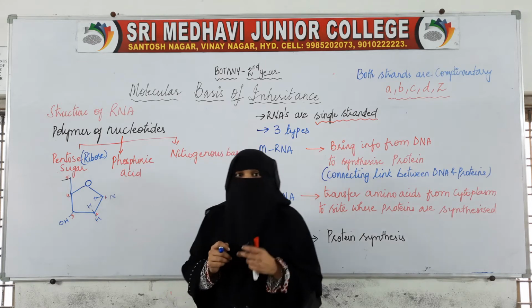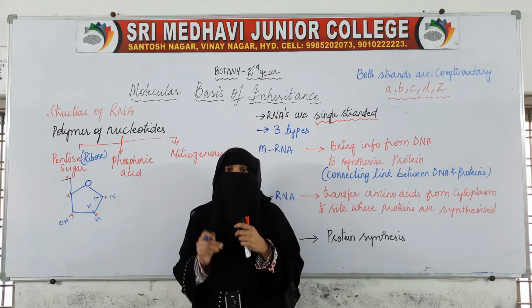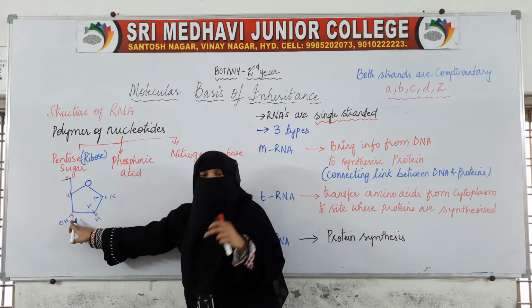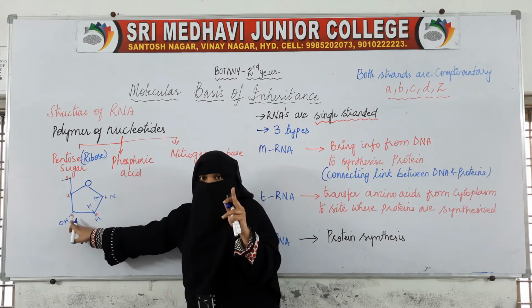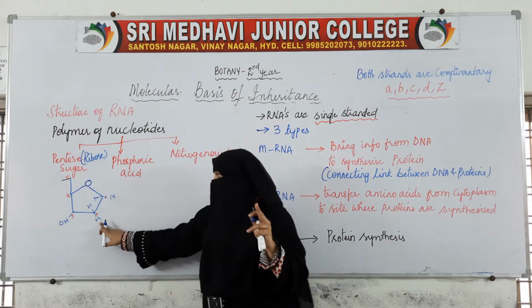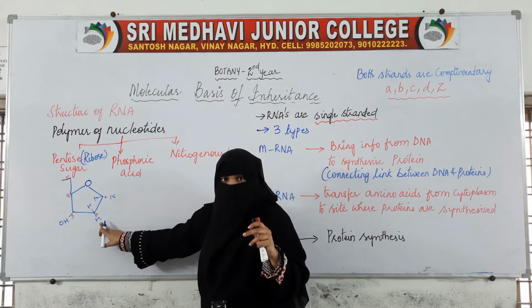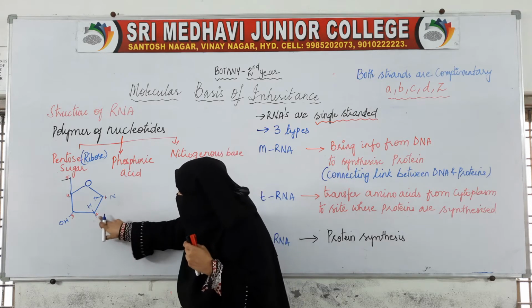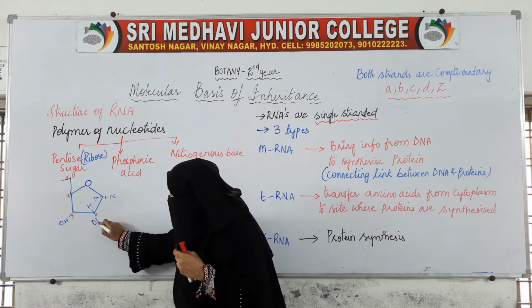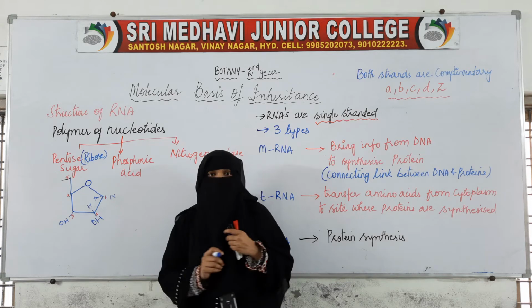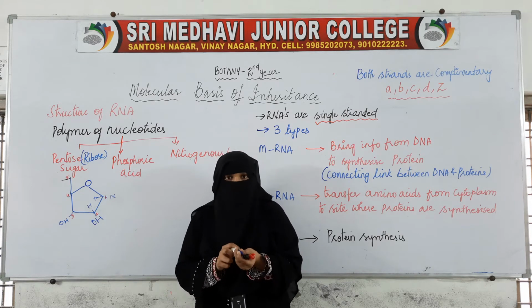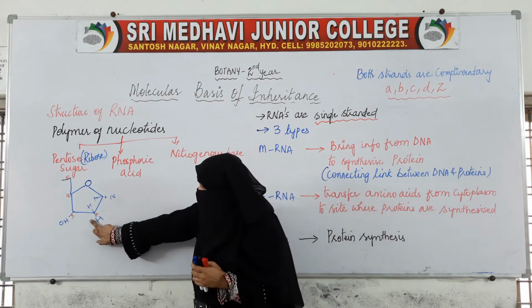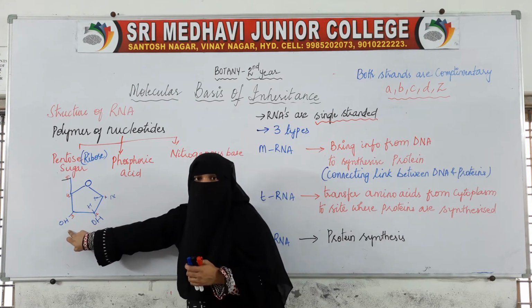The difference between ribose and deoxyribose is that in deoxyribose at the third carbon there was only one functional group, OH, and here it was hydrogen only. But in ribose sugar, at the second carbon also we have an OH group. In DNA it was only H and this OH.